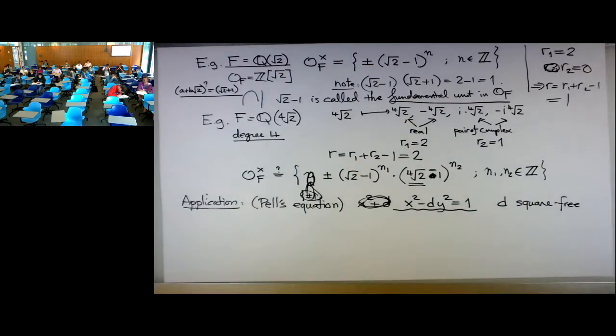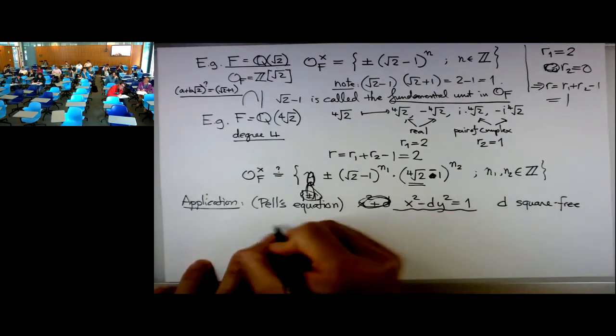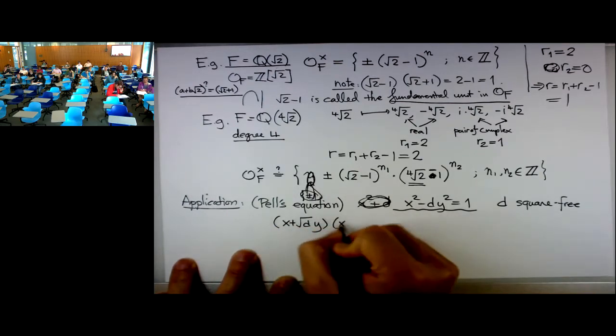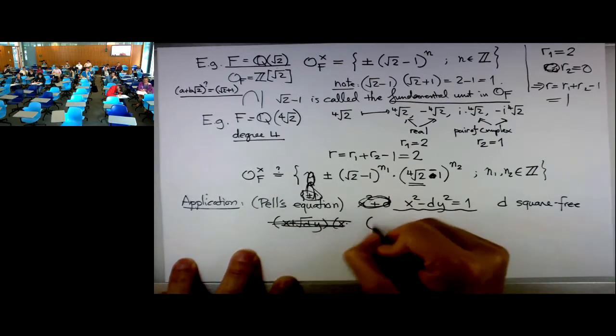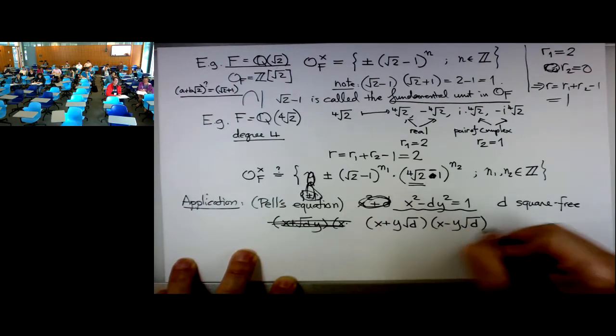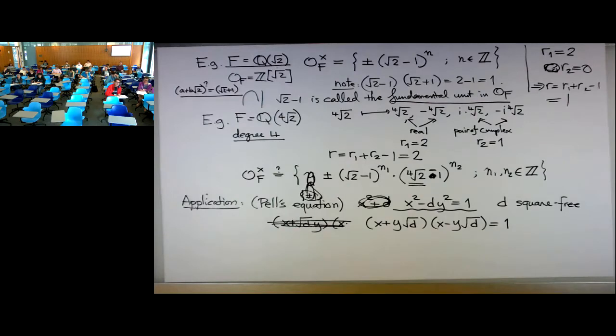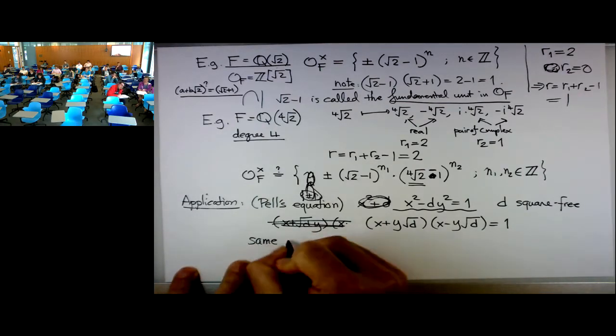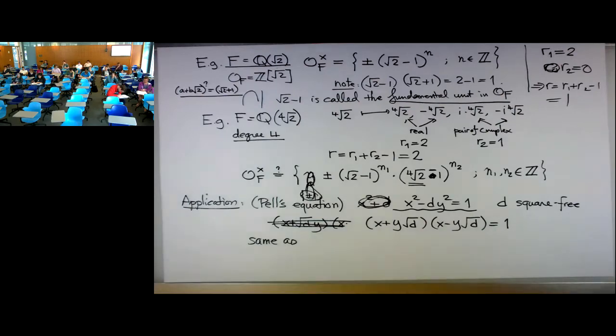So Pell's equation. He studied this equation a long time ago. And of course, from a modern point of view, what this is saying is that you first factor this as, oh, I'm sorry, y root of D, I think really. Okay? And if you think about it more, let me recall how we define the units.